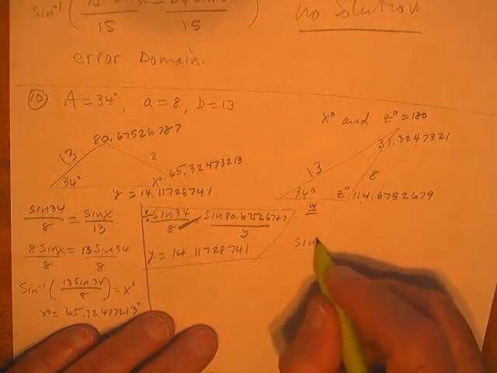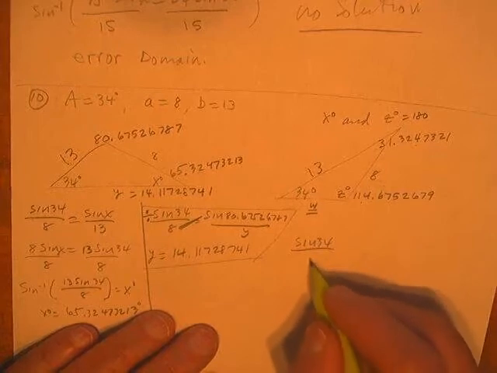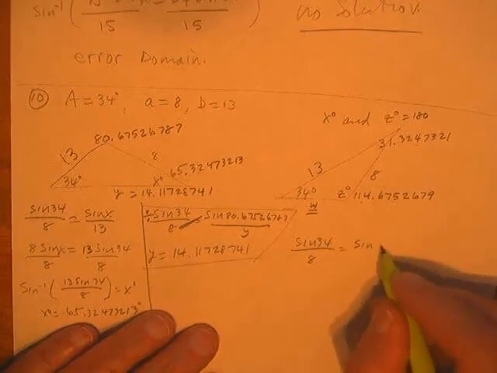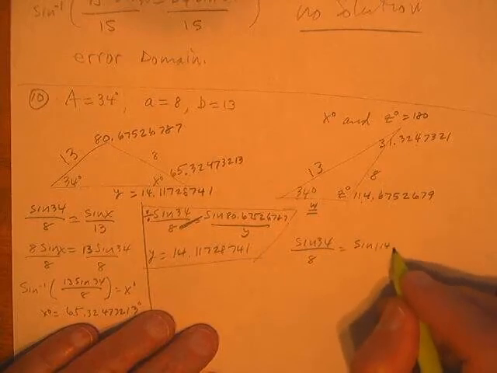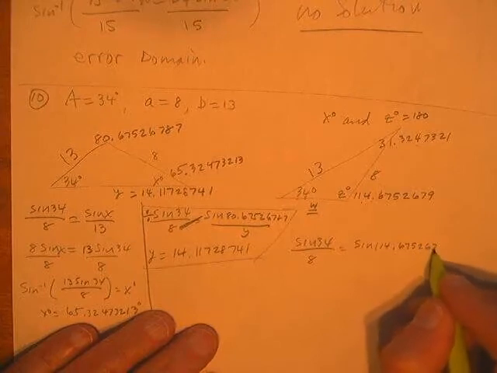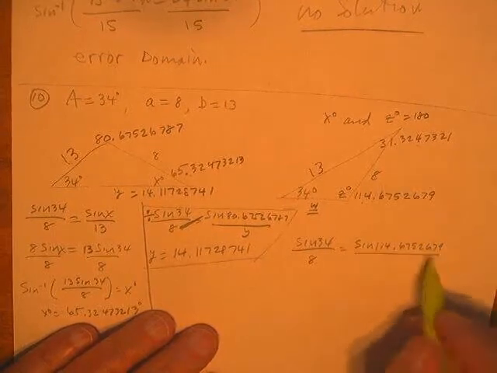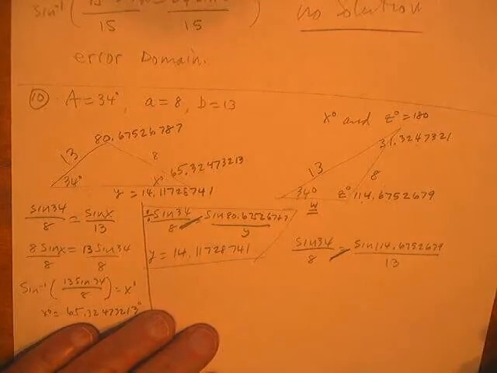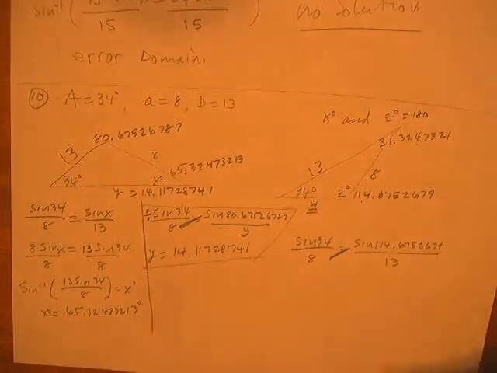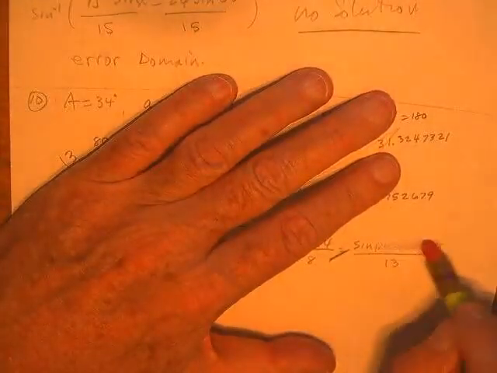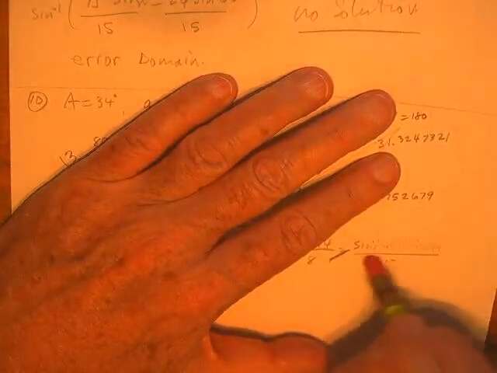How about sine of 34 over 8 and the sine of 114.6752679 over 13? Multiply. Whoa. Can't use that angle, can I? Silly me.